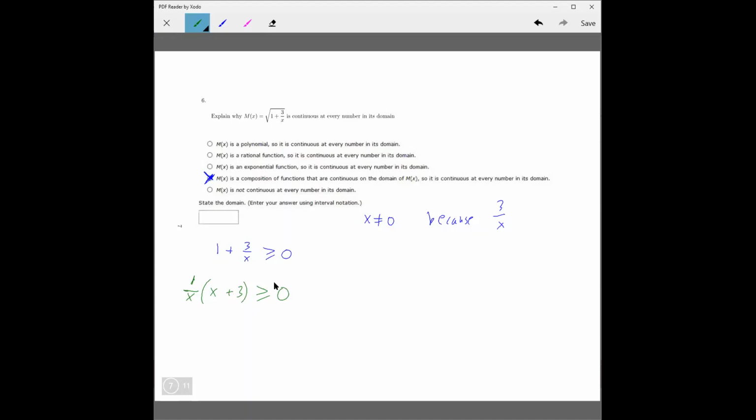Then I can argue this way. I can split it up into 1 over x and x plus 3. It's a product now, and I'm looking at where this product is positive or non-negative. That's the question. The two cutoff points are going to be -3 and 0, because at -3 this is 0 and this switches sign, and at 0 this switches sign.